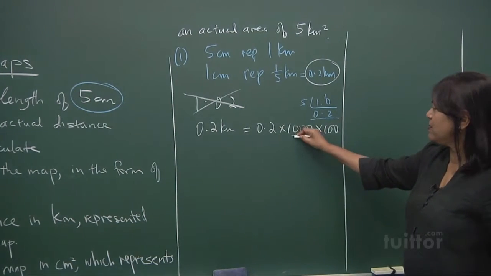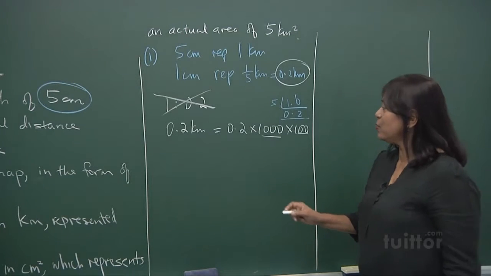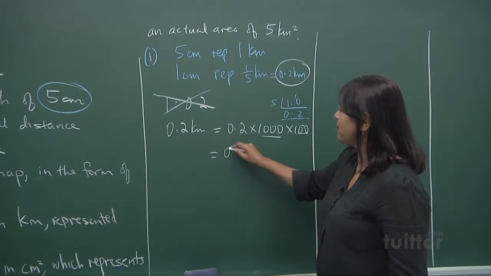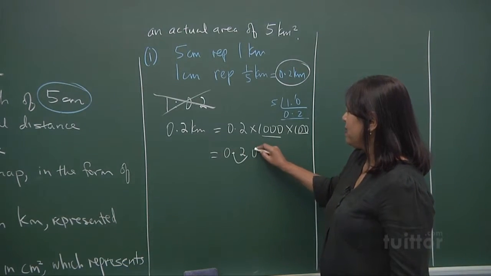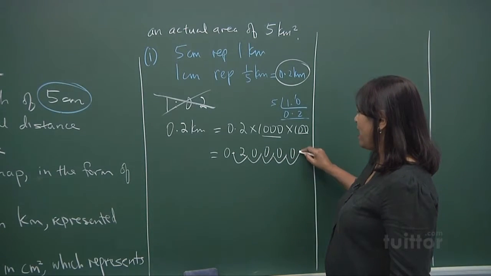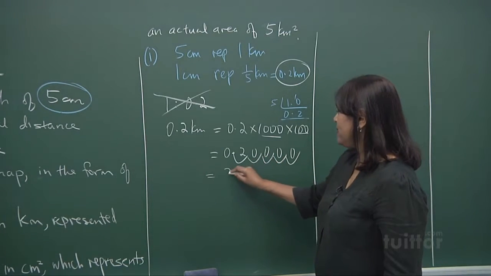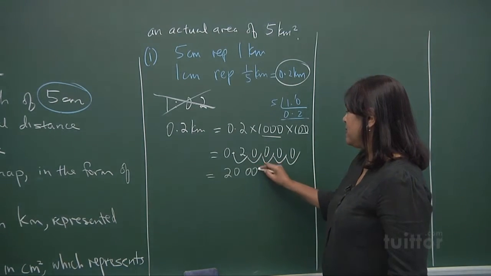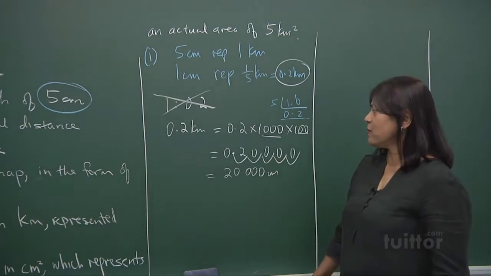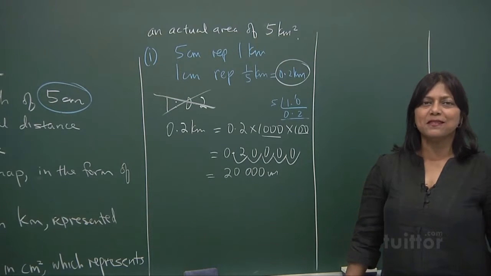How many zeros are there here? 3 plus 2, 5 zeros. You shift how many times? 5 times. 1, 2, 3, 4, 5. So you've got, in cm, 20,000 cm. 0.2 kilometers is 20,000 cm.